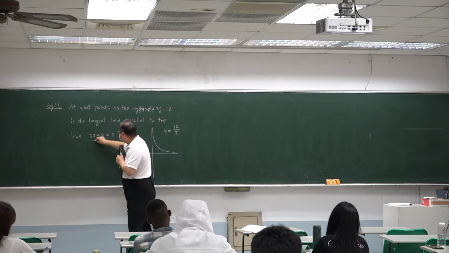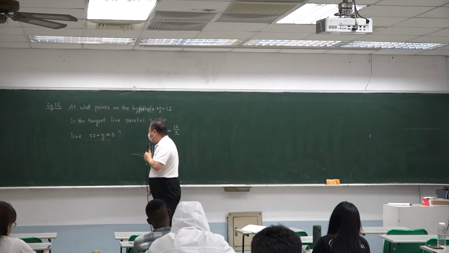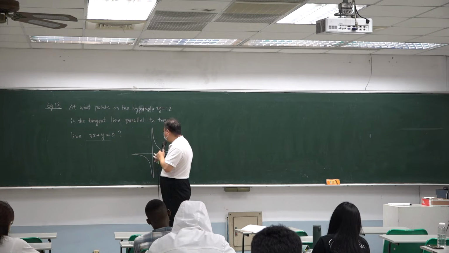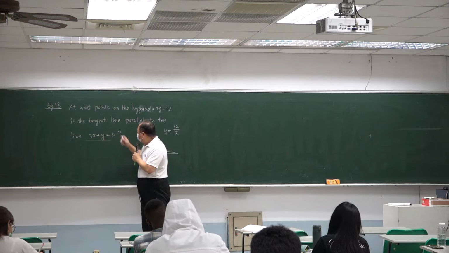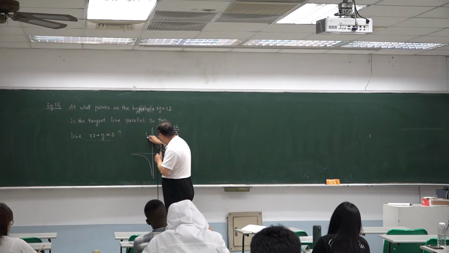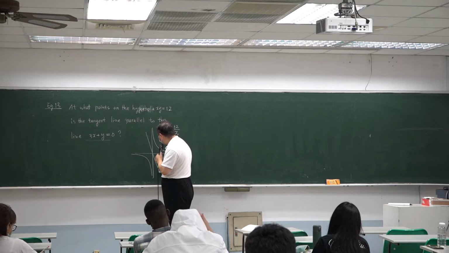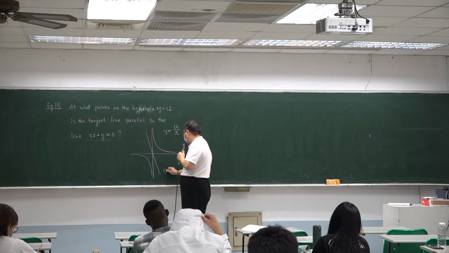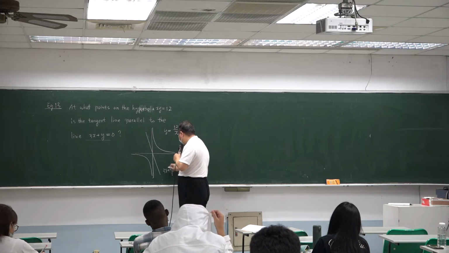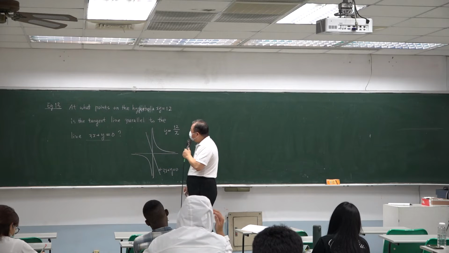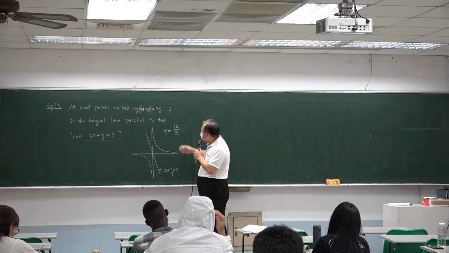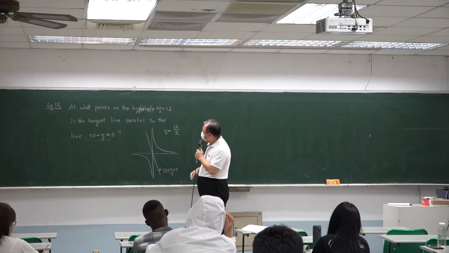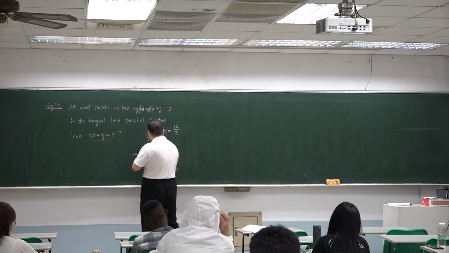Okay, for this line, this line passes through the origin with slope minus 3. At what points on this hyperbola is the tangent line parallel to this line?